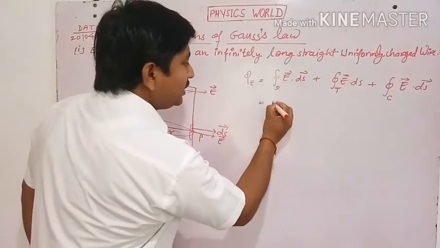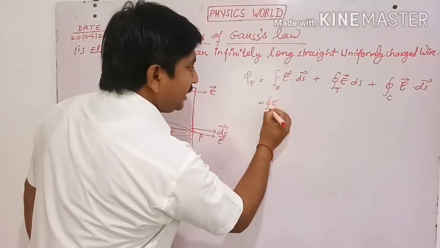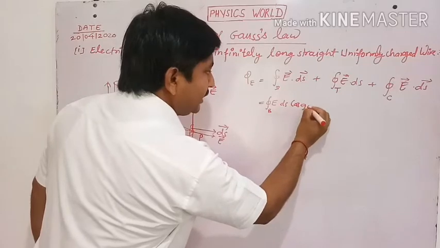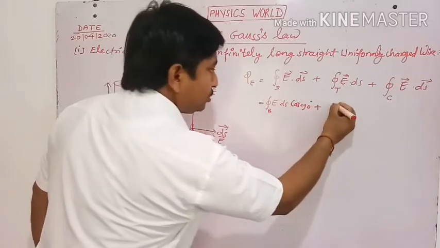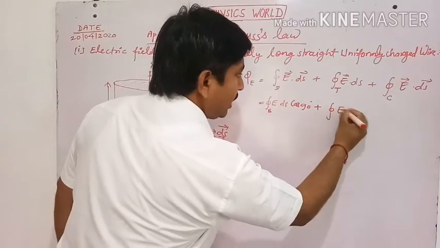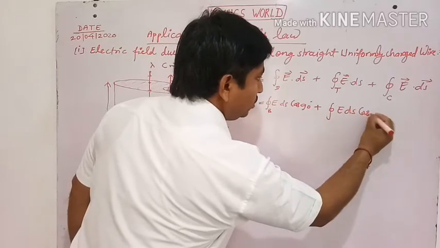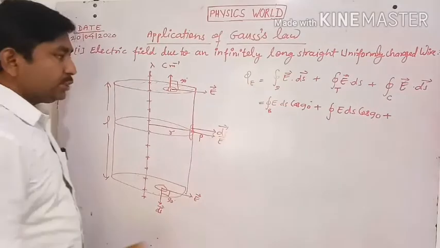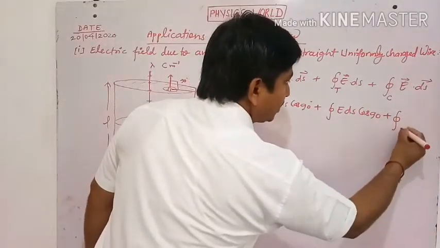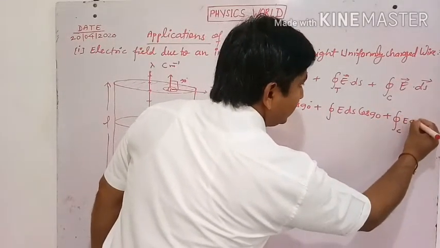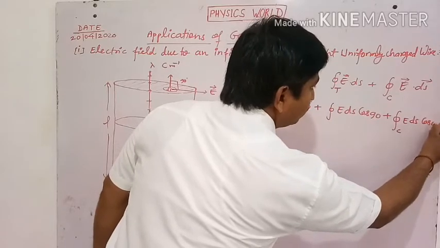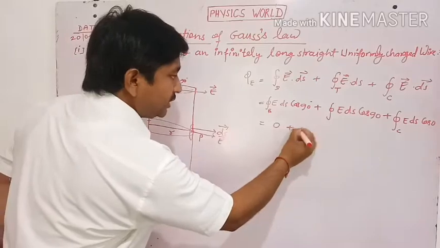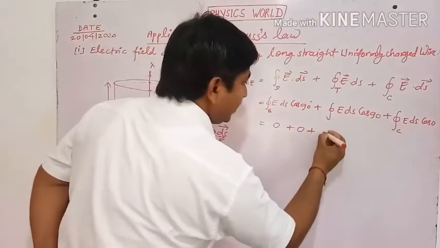If we solve this, then we get integral of E ds cos 90, which is equal to 0, plus the same for the top, which is also 0 because it is cos 90, plus, due to the curved surface, integral of E ds cos 0.